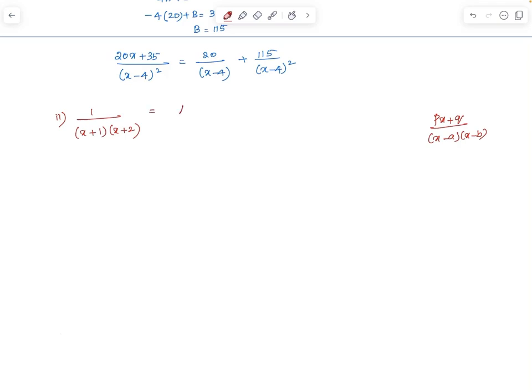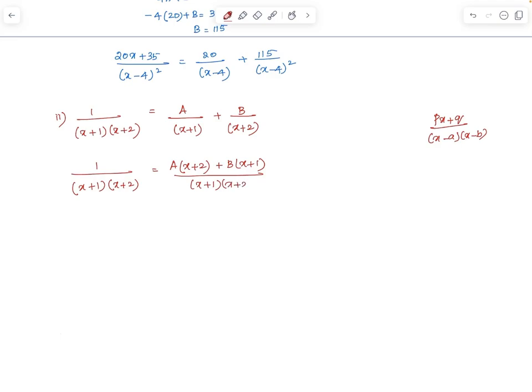So this expression can be rewritten as A upon x plus 1 plus B upon x plus 2. The next task is to make the denominators equal. 1 upon x plus 1 times x plus 2 is equal to A times x plus 2 plus B times x plus 1 upon x plus 1 times x plus 2.